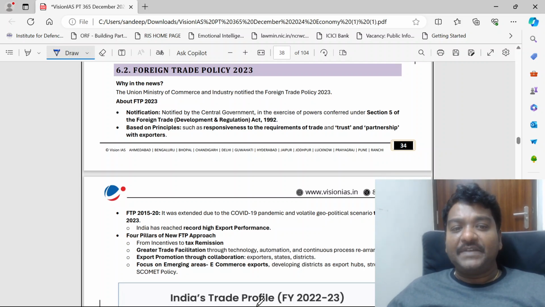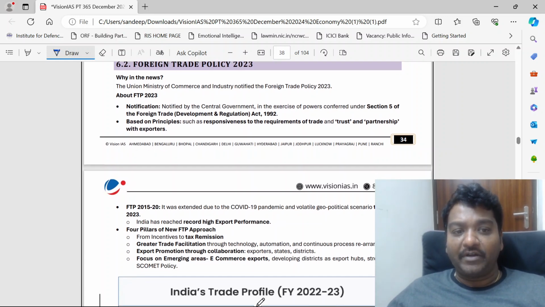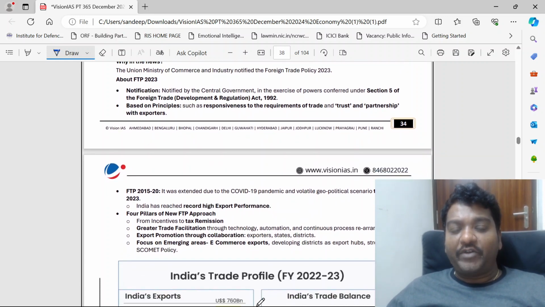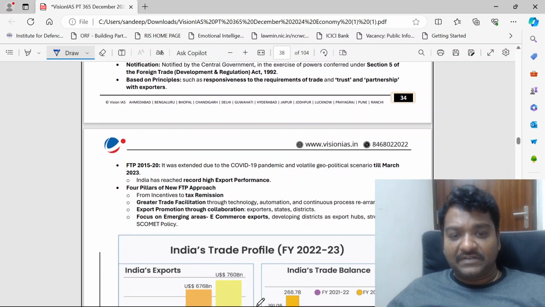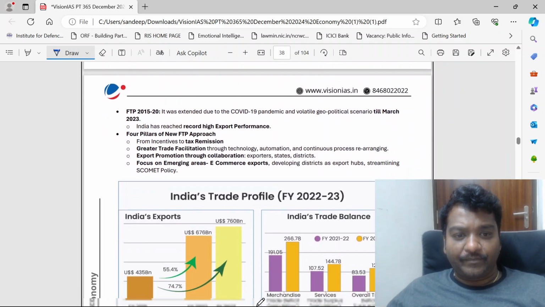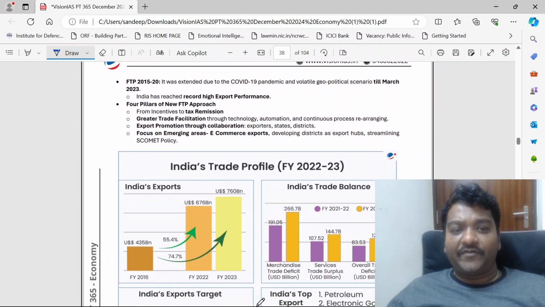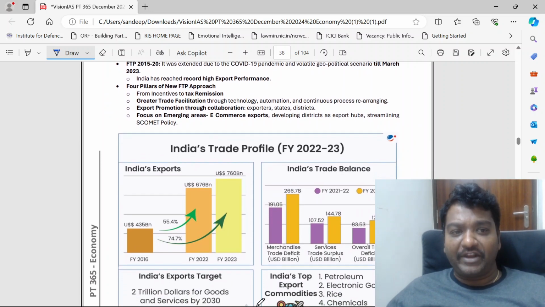Foreign trade policy notified, the FTP 2023 is very important. Okay, who notifies it? Foreign Trade Development and Regulation Act 1992, such as responsiveness. Four pillars of new FTP approach, very important.